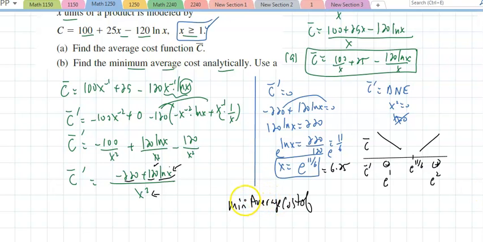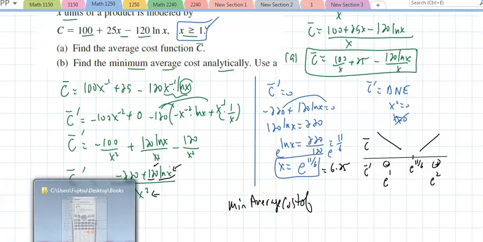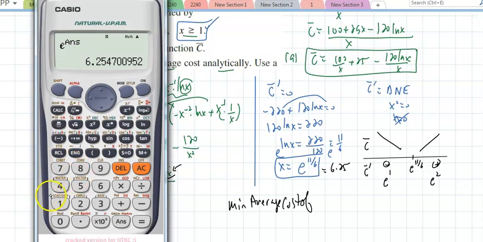So what is the average cost for that? If I go by my calculator and I take now the cost function, which is in green on the right in part A, that's 100 divided by my answer plus 25 minus 120 times natural log of my answer divided by answer. 5.8.